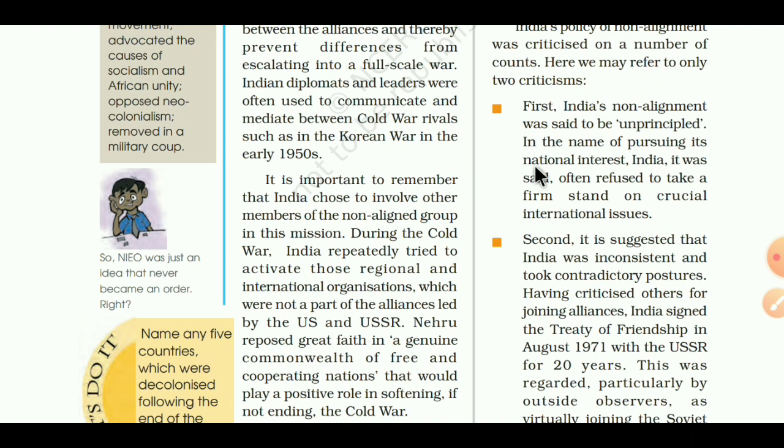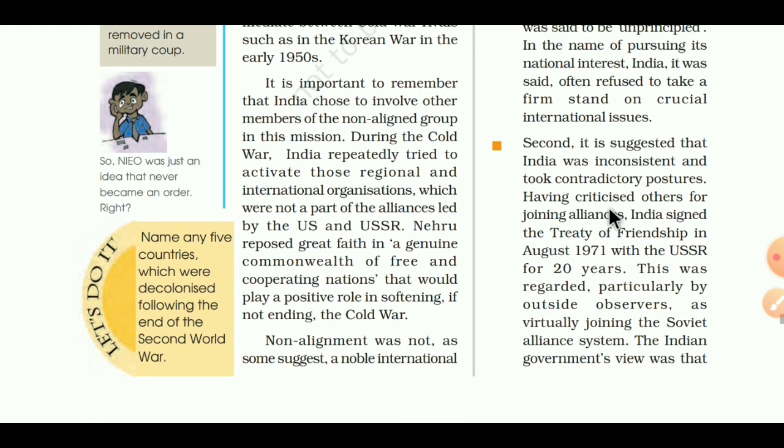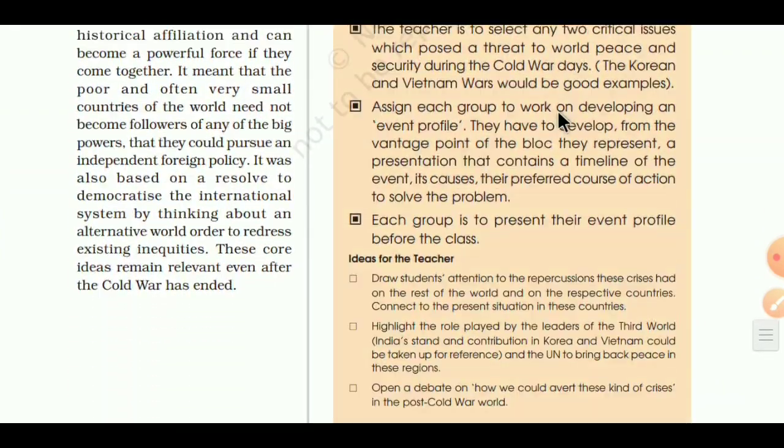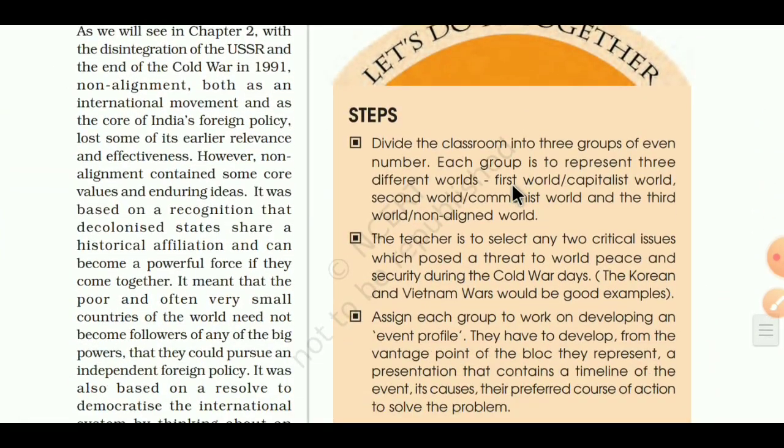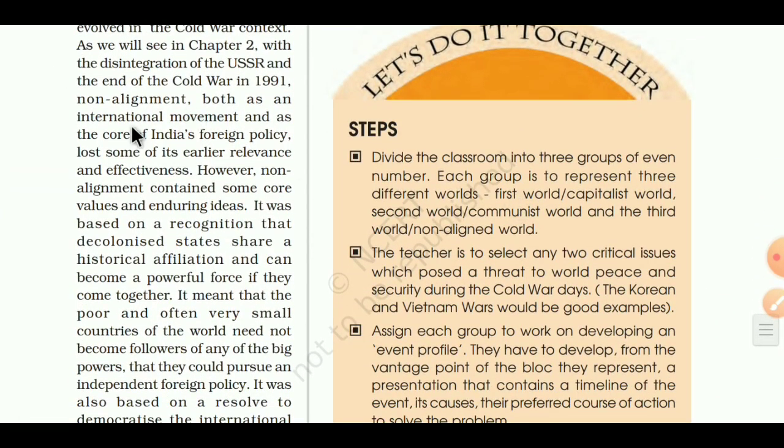India, it was said, often refused to take a firm stand on crucial international issues. So whatever I have told you, that is given. I have to tell everything in chapter review time.